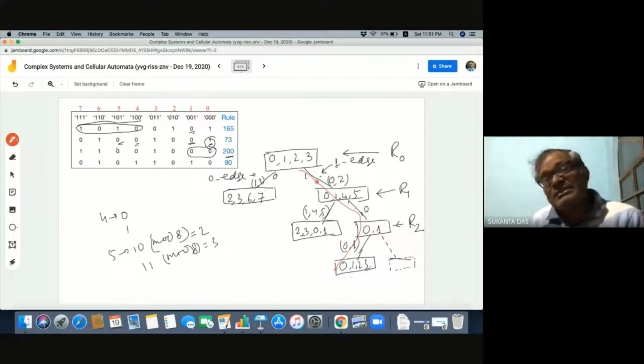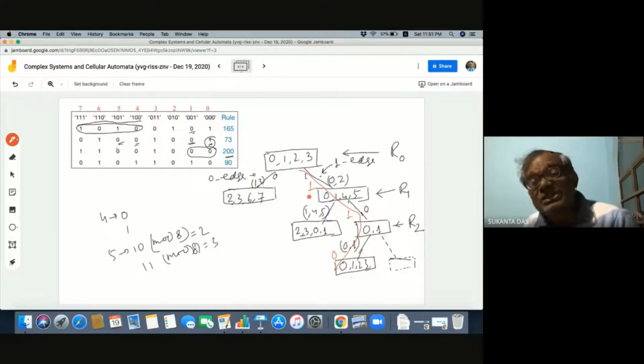See, in this case, I'm constructing the RND sequence, but what is my next configuration? I have used 1, so it's 1 edge. This is 1 edge. This is 0 edge. So if RND sequences are constructed following this path, then the associated configuration will be 1, 1, 0, 7, something like that.